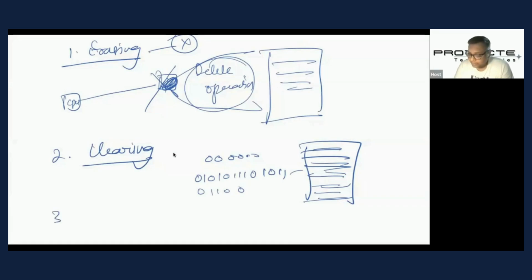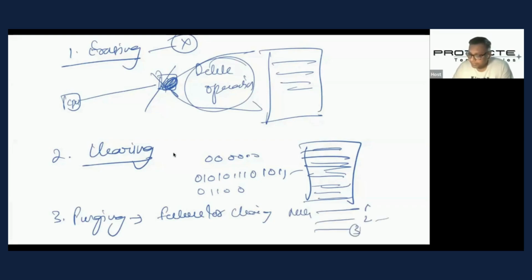Then the third way is purging. Purging is a more intense form of clearing. That means it overwrites data multiple times: first pass, second pass, third pass, fourth pass, and every time the bit stream is different. It is a harder form of clearing. If you remember 10, 15 years back, we used to have purging software where you give a bit stream and say purge my hard disk, and it would write 1,000 times, 2,000 times.